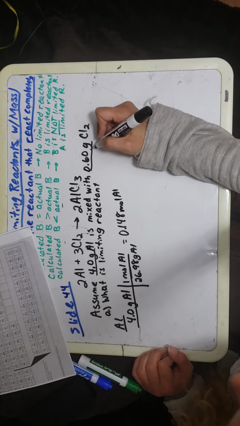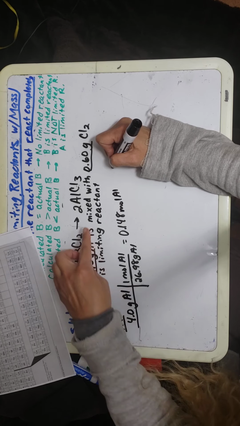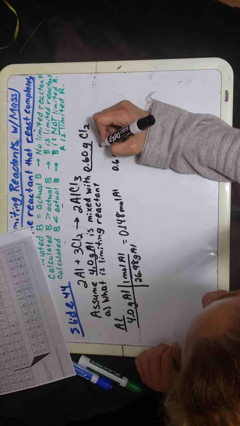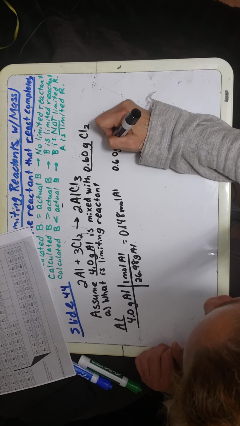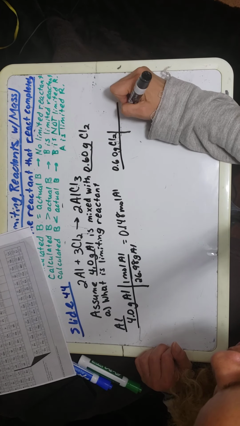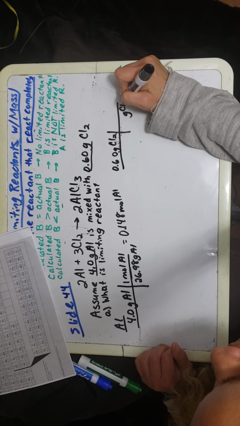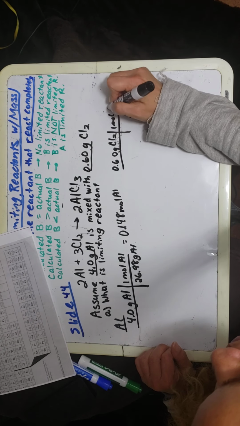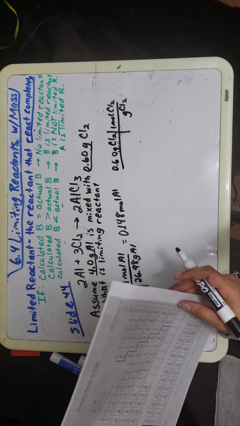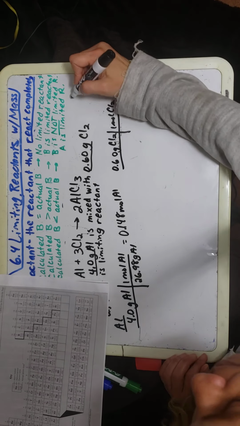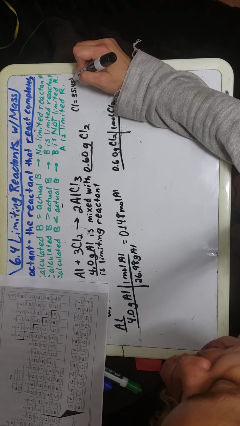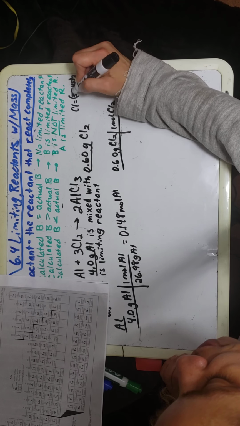Then they did the other one, where you had 0.6 grams of the chlorine, and you had to convert that from grams of chlorine to 1 mole of chlorine. When you look on your periodic table, you'll see that chlorine is 35.45. But since you have 2, you have to multiply it by 2.